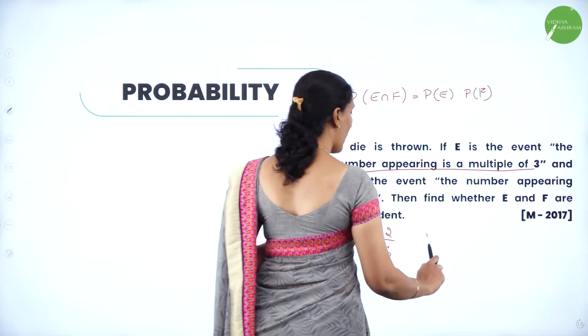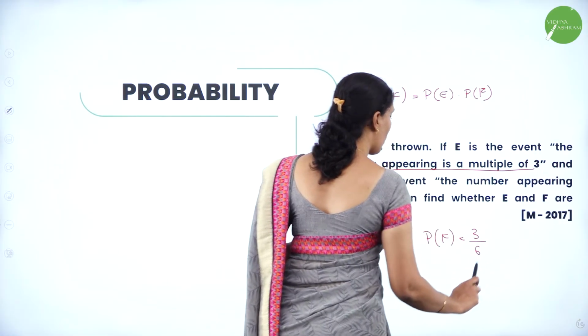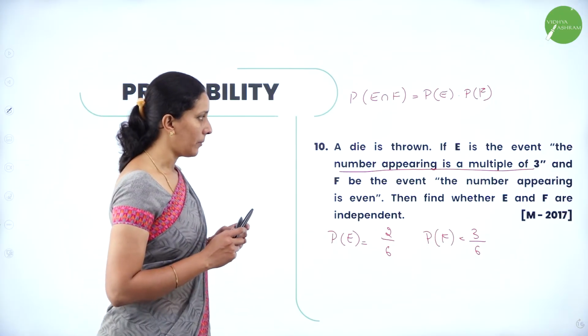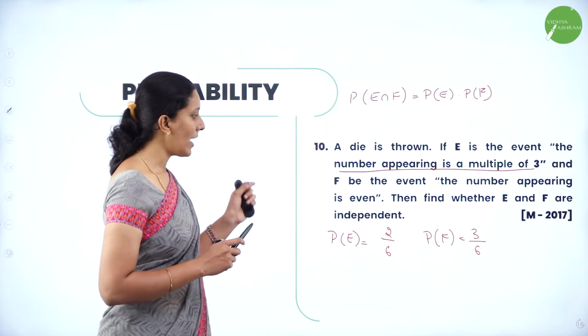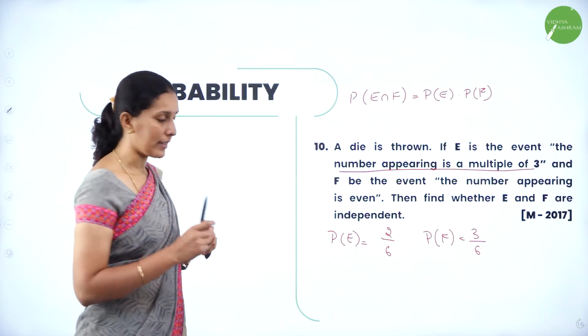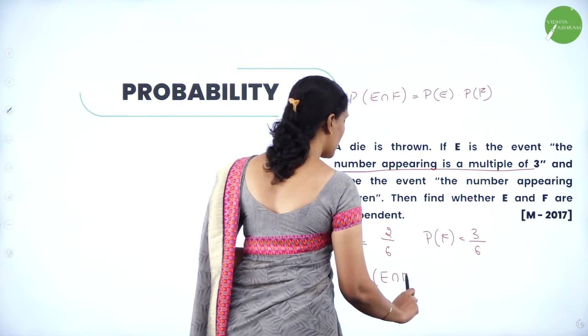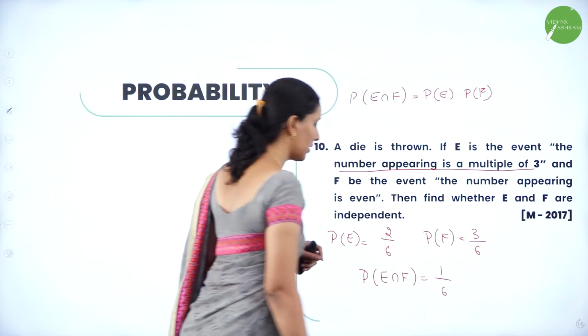So the probability of event F is 3 out of 6. And the number which is both a multiple of 3 as well as even is only 6. That is, the probability of E intersection F is 1 by 6.